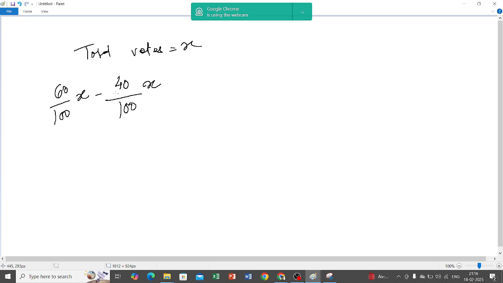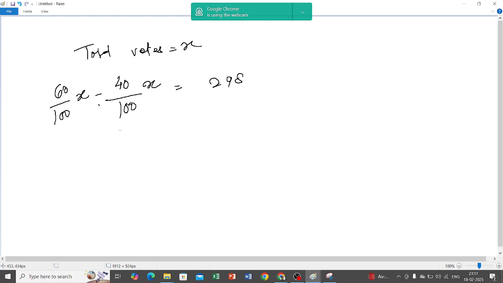Okay, so the difference between these two is 298, because the person who lost got 298 votes fewer than the person who got 60%.